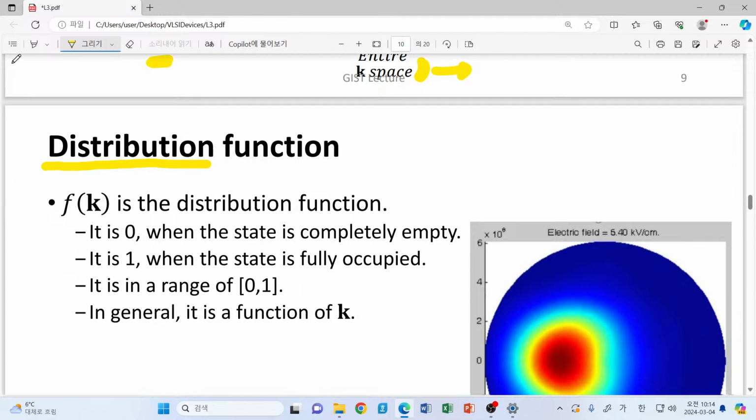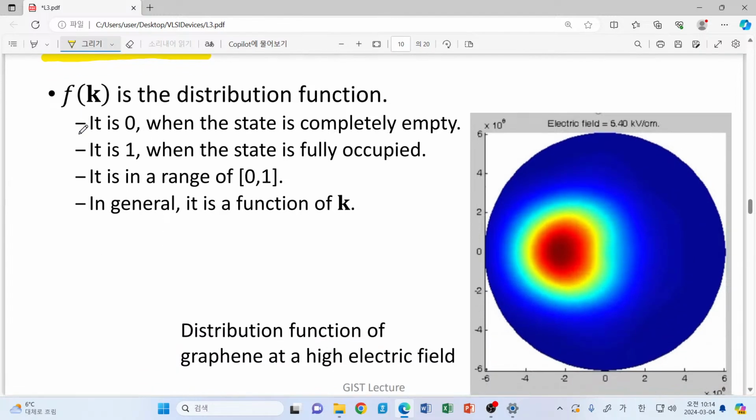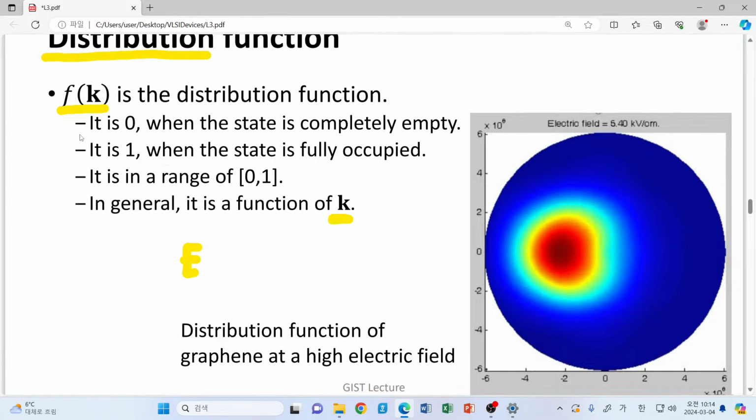Unfortunately, the distribution function itself is not a function of energy. It is a function of K. For a given electronic state, we can say whether it is occupied, or if it is 0.5, it has some probability of being half filled and half empty.